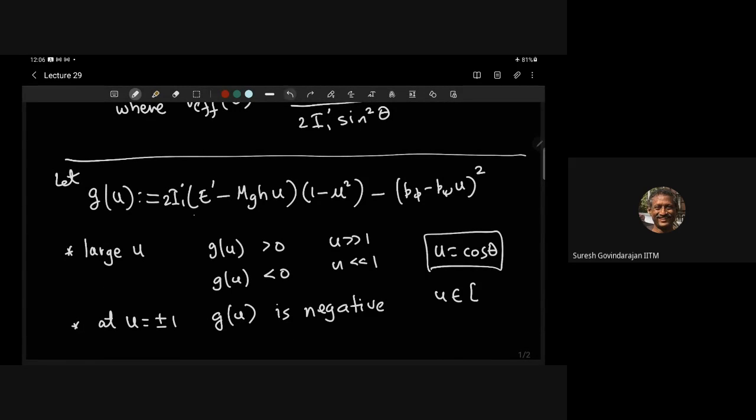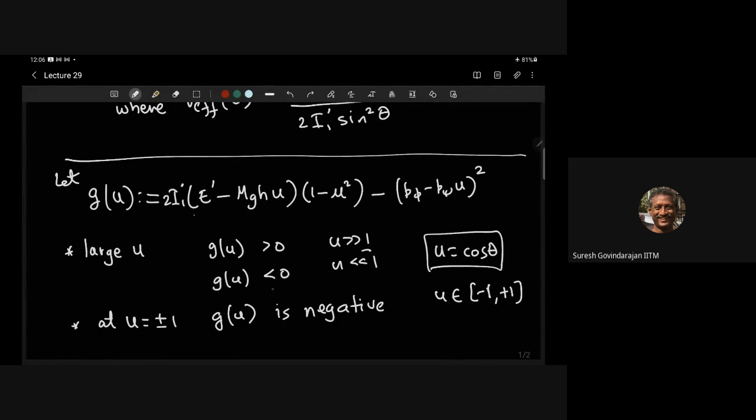Sorry, it belongs to this interval. But from the viewpoint of looking at the polynomial, we will not worry about these conditions. This is the physical domain of values of u which we are interested in. For large u, we saw that g of u is greater than 0, because of the cubic term, which came from this combination.